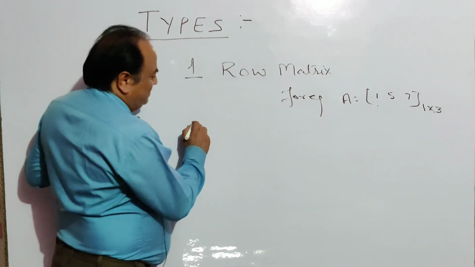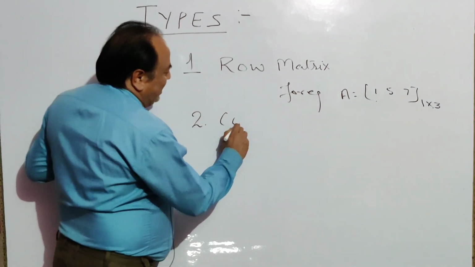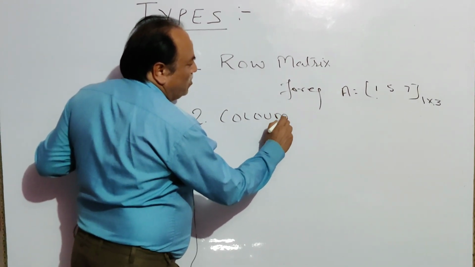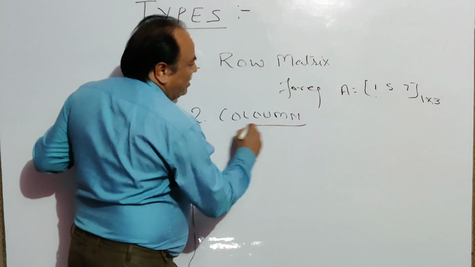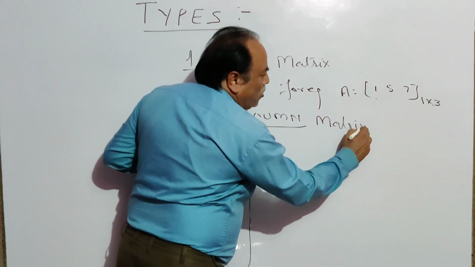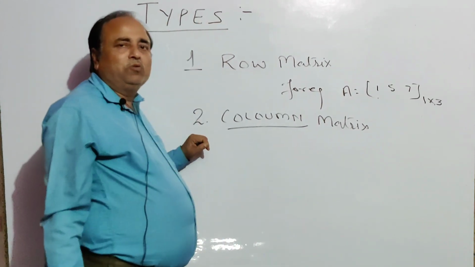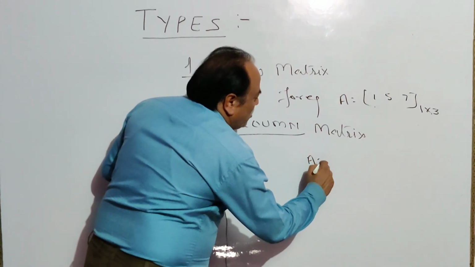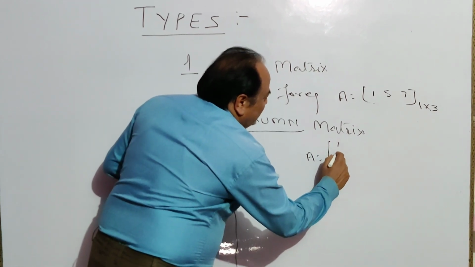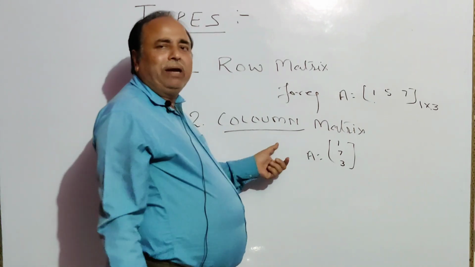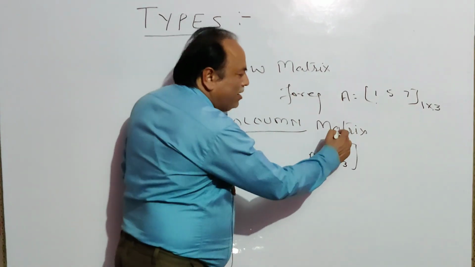Column matrix. If a matrix contains only one column, then it is known as column matrix. For example, A is equal to 1, 7, 3. This is a column matrix having one column.